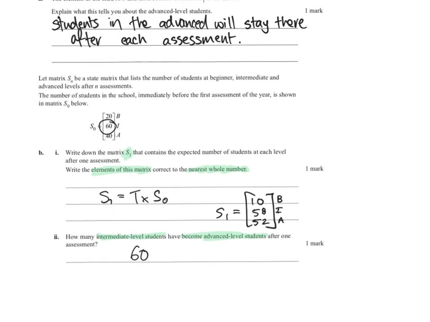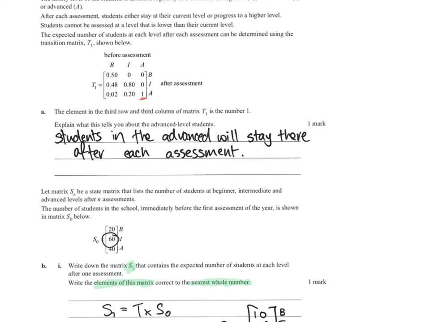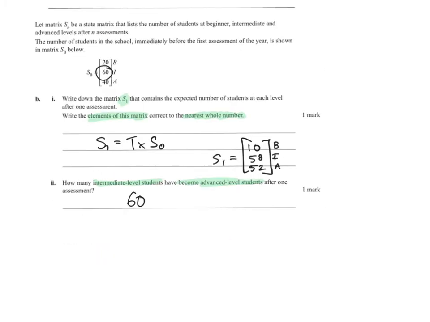We see that 60 were intermediate before. 20% of them are going to become advanced. So you can just do 60 times 0.2, which will get you 12 students.